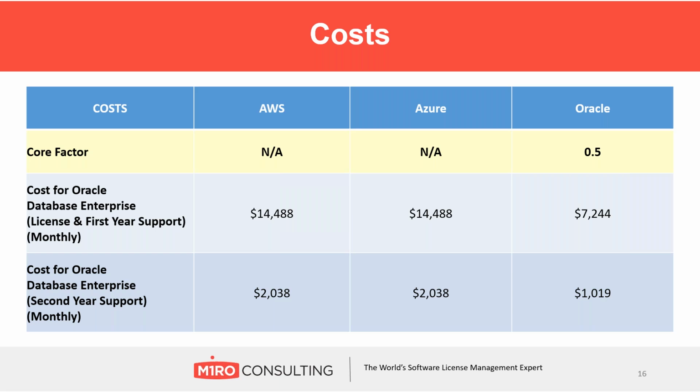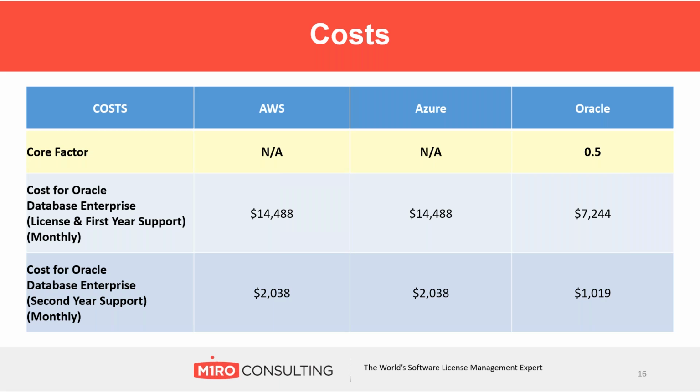So, if you were to use brand new licenses to set up these environments, you would see that you would have nearly $15,000 in price per month for both AWS and Azure, while that core factor details about half of that price.